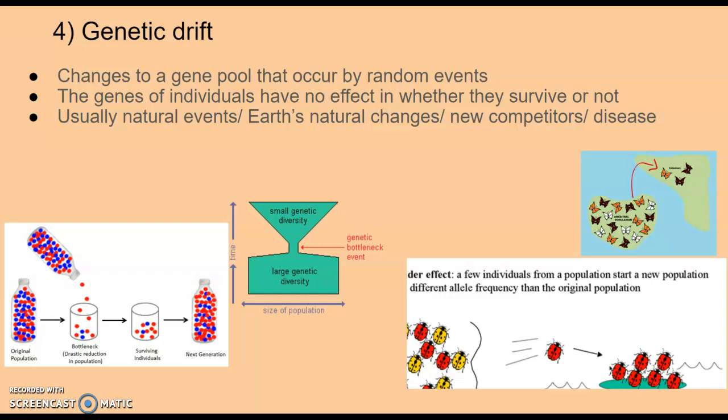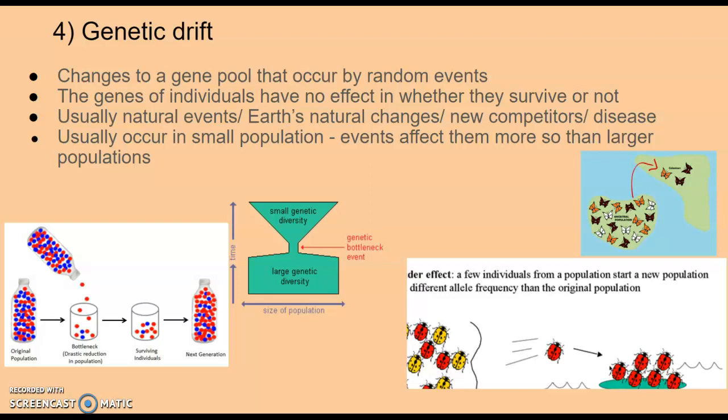So imagine this new competitor entered the population and it was just eating random individuals, right? That individual that got eaten had no control over that. Their genes did not help or hurt them in that way.